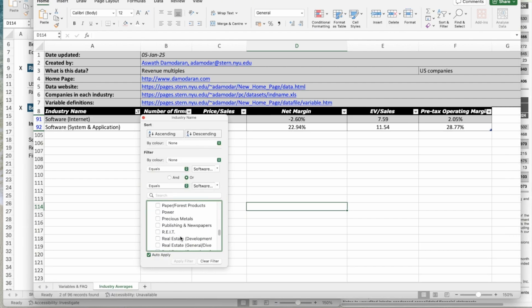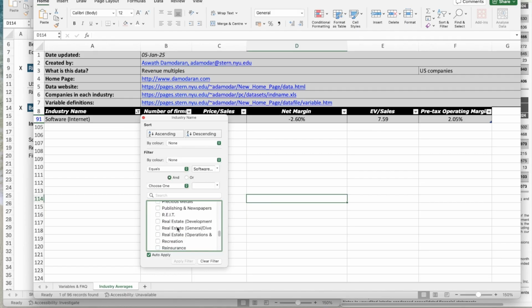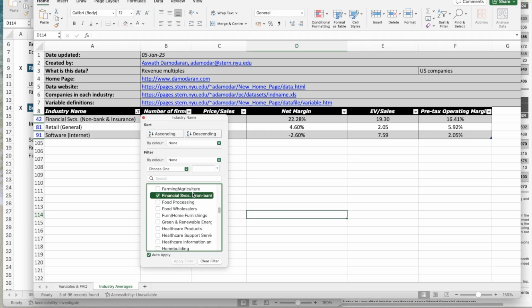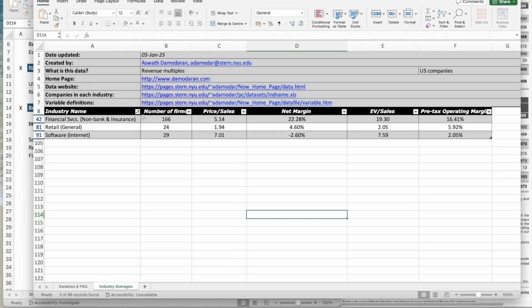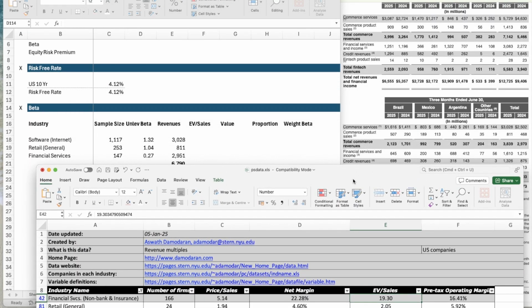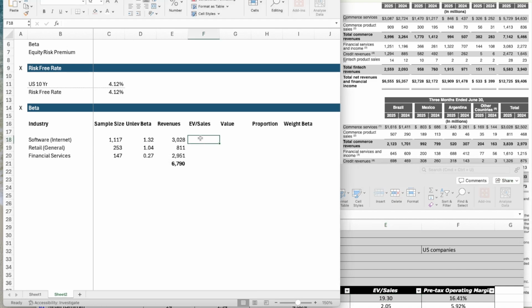So we have software internet, we need retail general, financial services, there we go, EV to sales, and this is to work out the value of each of those revenue segments. So financial services 19.3. A very lofty valuation.